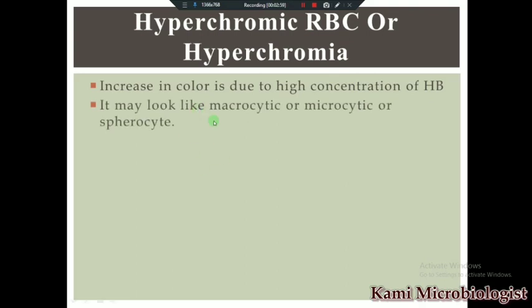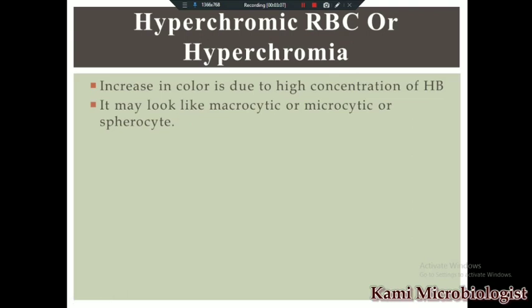Now let's talk about hyperchromic RBC or hyperchromia. As the name indicates, hyper means increased or high. So when the RBC has a high concentration of HB, the RBC will look dark red in color, and it may also look macrocytic, microcytic, or like spherocytes in form.